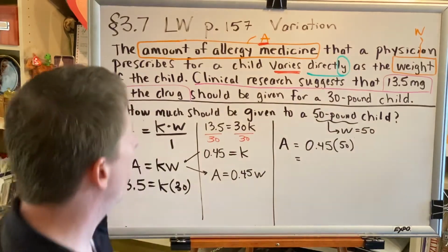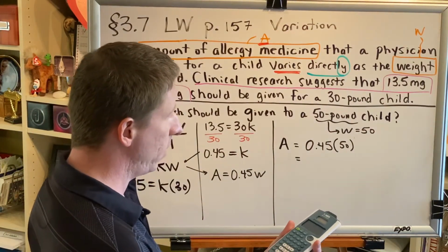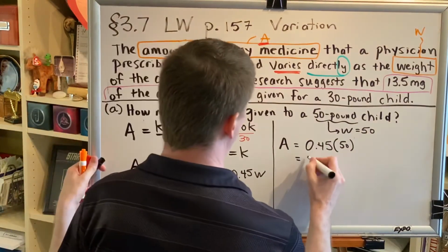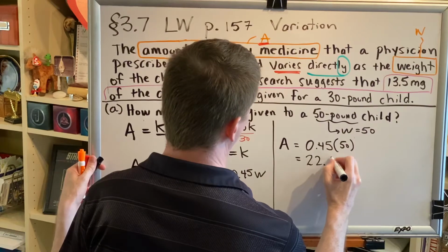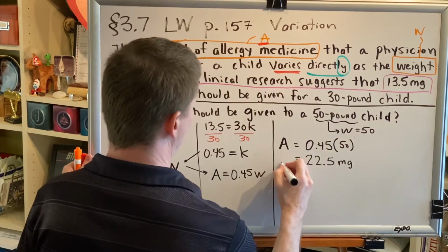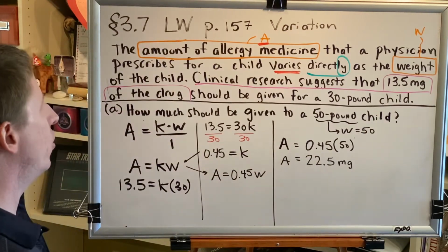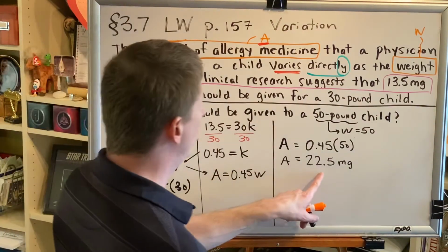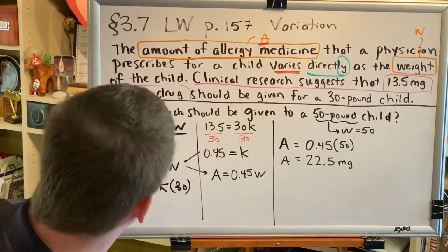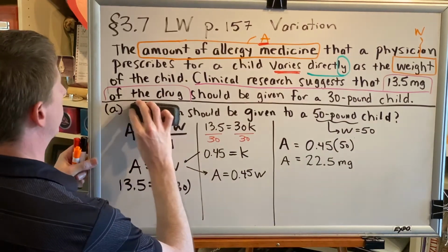I will once again pick up my calculator. 0.45 times 50 is 22.5 milligrams. So, how much allergy medication should be given to a 50-pound child? 22.5 milligrams.